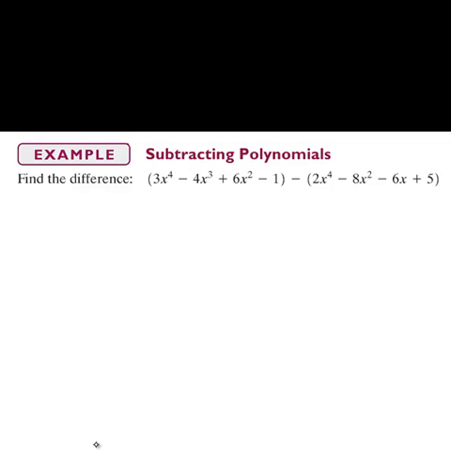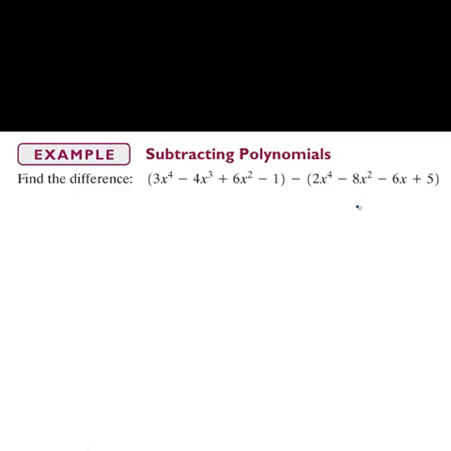Now when we subtract polynomials, we also do it by like terms. But for the second polynomial, you'll have to remember to distribute this subtraction operation throughout all of its terms.